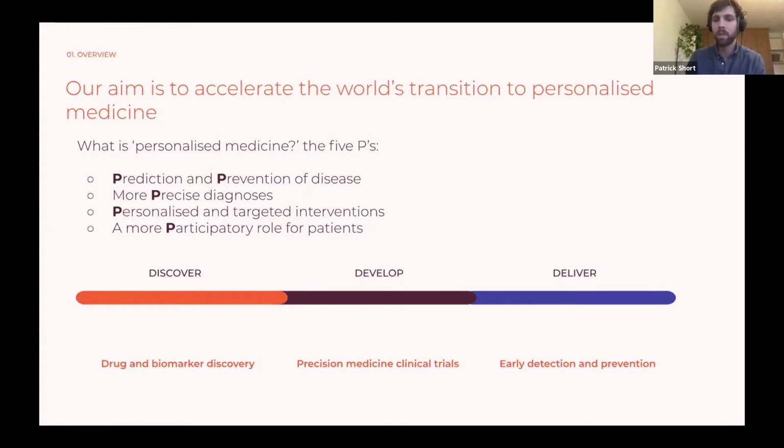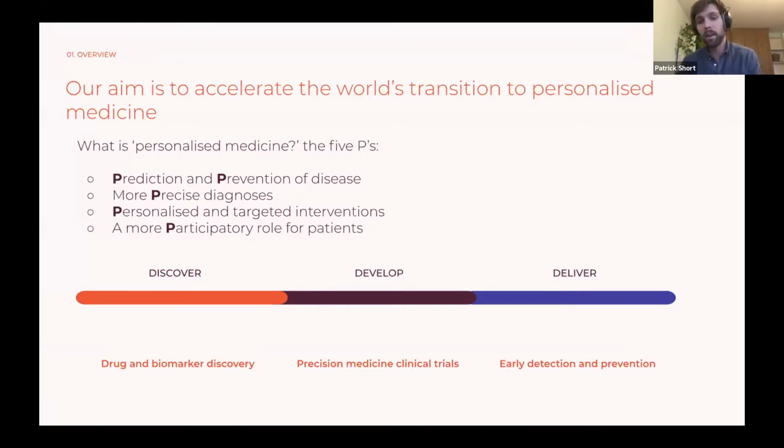How do we find drugs that work better for genetic subtypes or patients identified by some other piece of data or biomarker? How do we get these drugs through clinical trials to prove that they're safe and effective in patients? And I think we're going to talk a little bit about that today, because we know there's a huge bottleneck at this particular step when it comes to NAFLD and NASH.